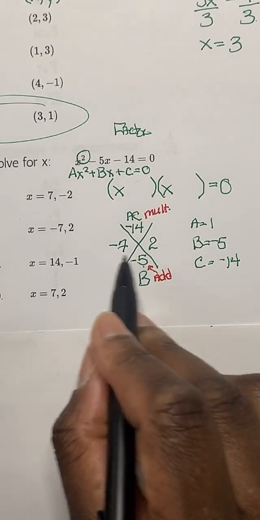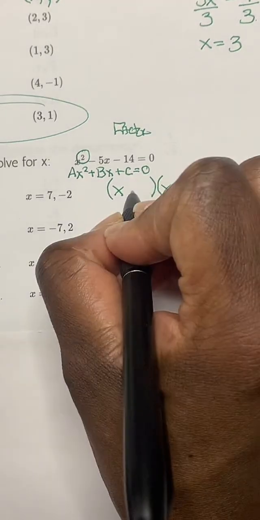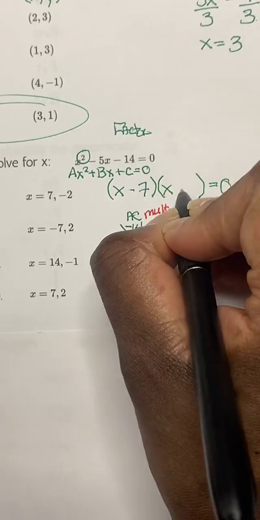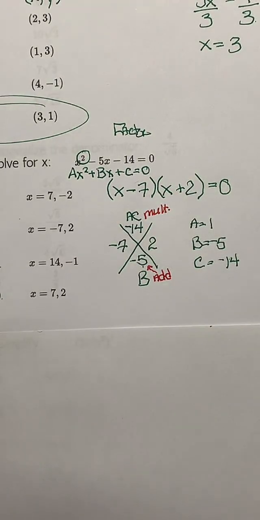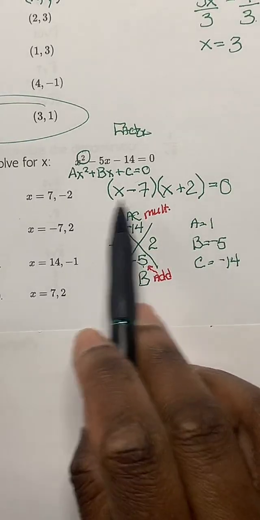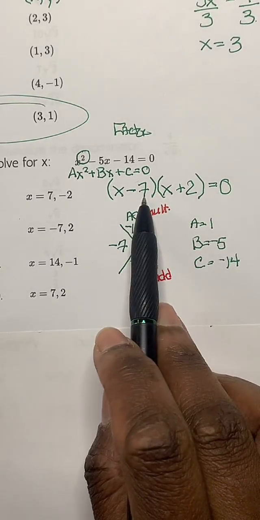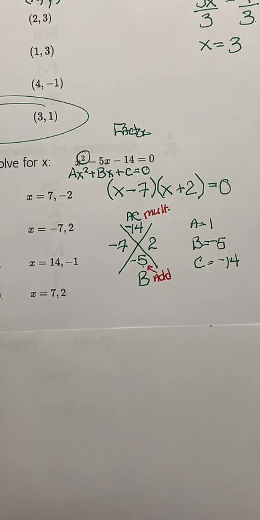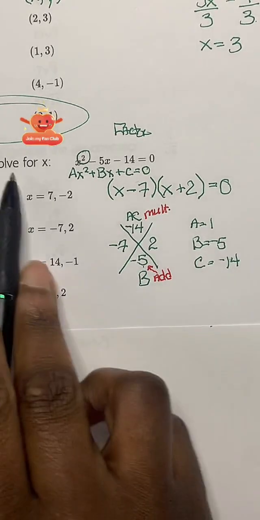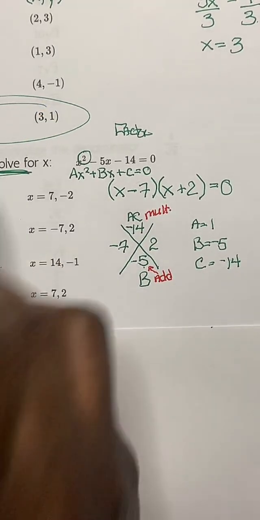So now you're going to take these two numbers and plug them into each of the parentheses. One factor is going to be x minus 7. The other factor is going to be x plus 2. But now they want us to solve, not just factor it.